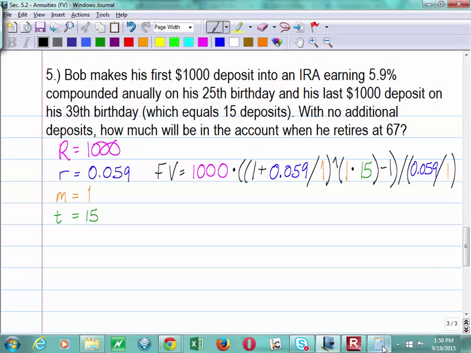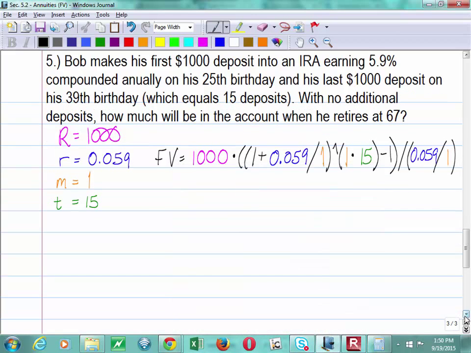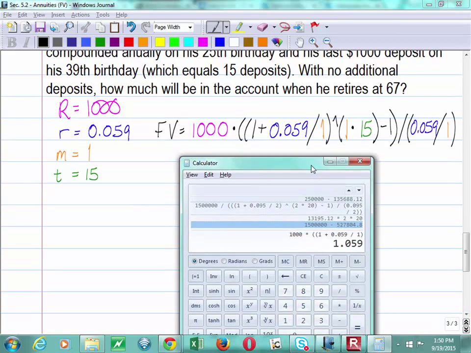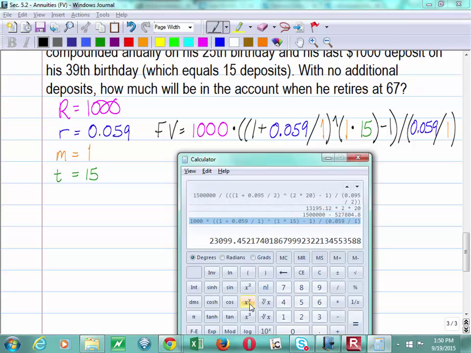Alrighty, so let's calculate that. Alright, so that gave me $23,099.45.